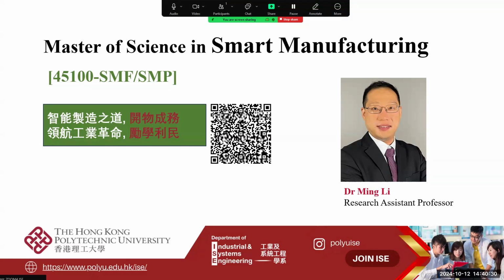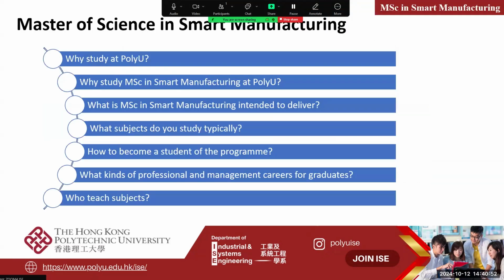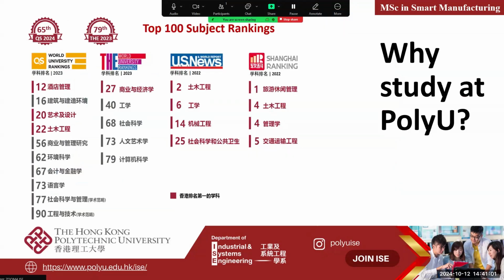The government's initiative is to call for intelligent technologies that can be developed for manufacturing. This is why we need this program, based on the strengths of our department and the university, and also the initiatives of the government. There are a lot of things to introduce, but the time is very limited, so I will just give a brief introduction to this program.